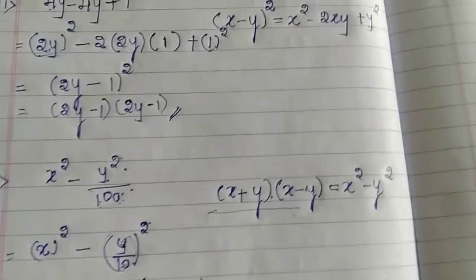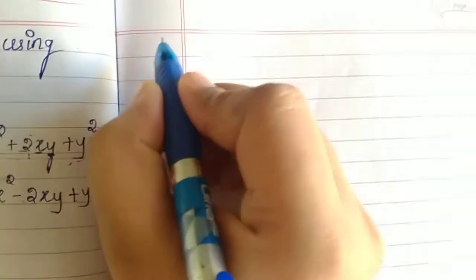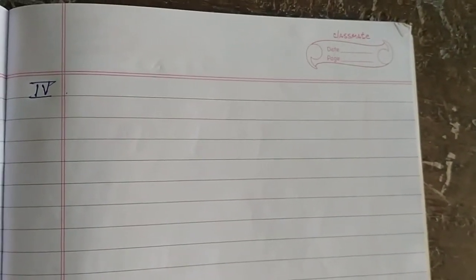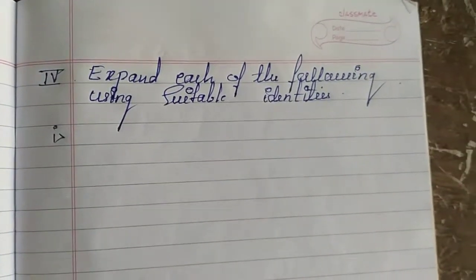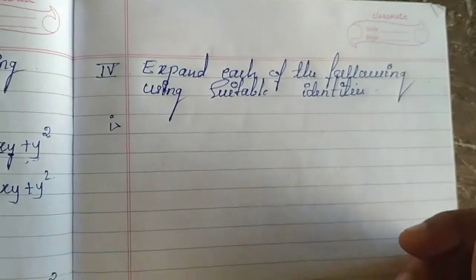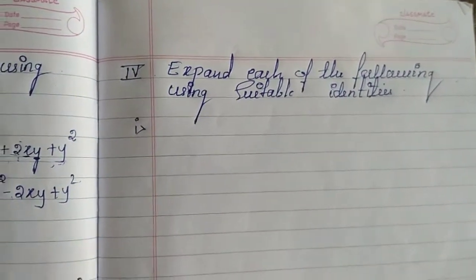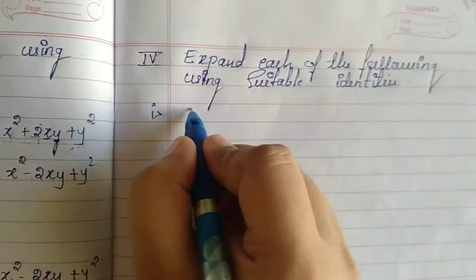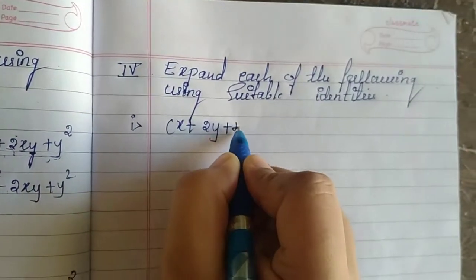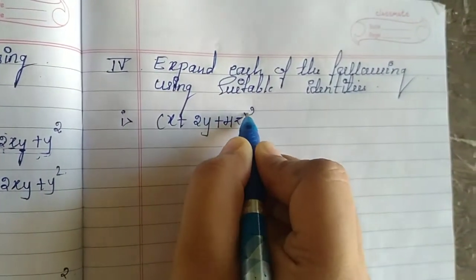So we'll move on to the next question now, the fourth one. In the fourth one, expand each of the following using suitable identities. Your first question over here is x plus 2y plus 4z the whole square.